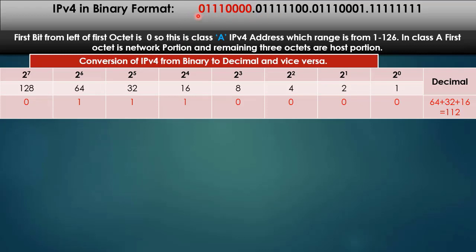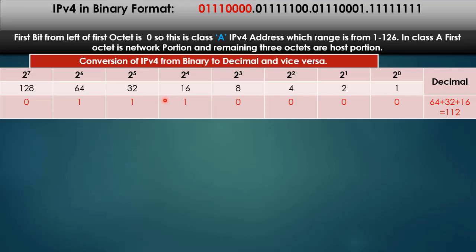So we write 0 here, then 1, then 1, then 1, and then 4 zeros. 0 means off. 0 multiplied by 128, answer is 0. 1 multiplied by 64, answer is 64. 32 multiplied by 1, answer is 32. 0 plus 64 plus 32, answer is 96.